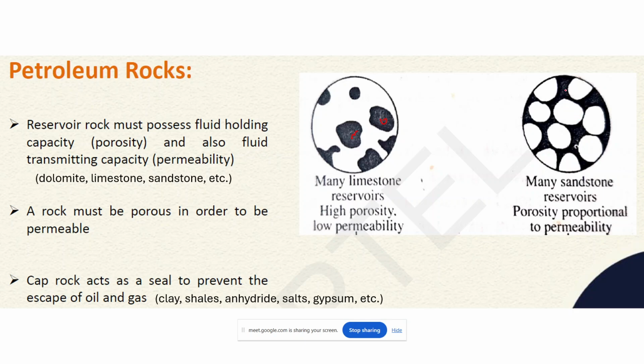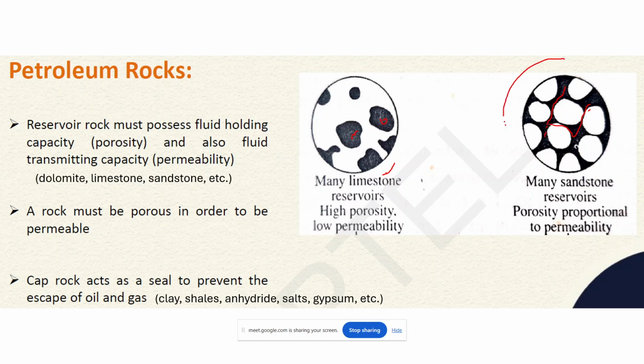Whereas in this section, these are the pore areas and this is the rock area, and the pore areas are all interconnected. So it is highly porous and also permeable. But this other rock is porous, though not that permeable, so it is a bit difficult to extract crude oil from this type of rock rather than this type.